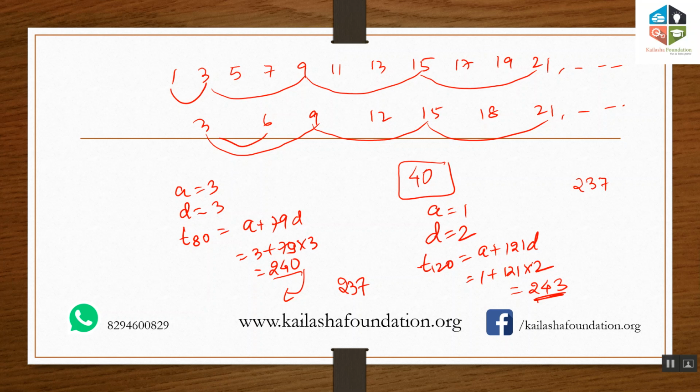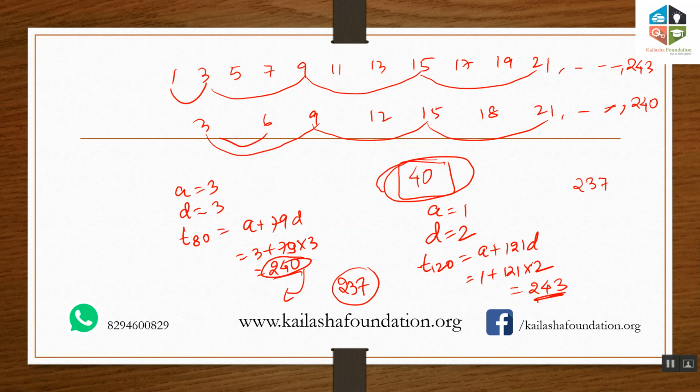So 237 will be the last term. So 3, 9, 15, 21, and so on, half of 80, that is 40. 40 terms were going to be identical, but now 240 is the last term and 237 is the second last term. So still there are 40 terms because we have left 240 which was not counted. Let me show you how it is done. What is the logic? Last term of this sequence is 243. Last term of this sequence is 240.